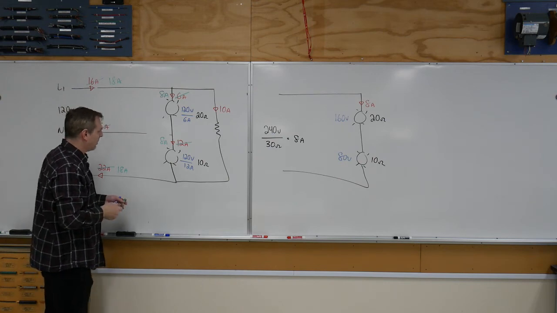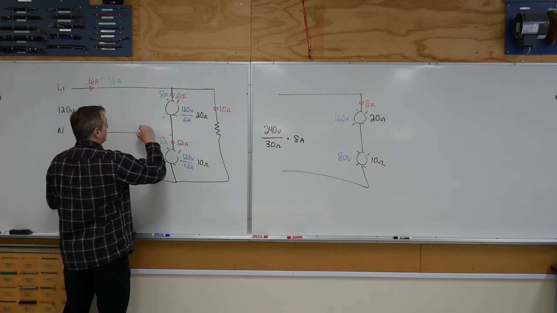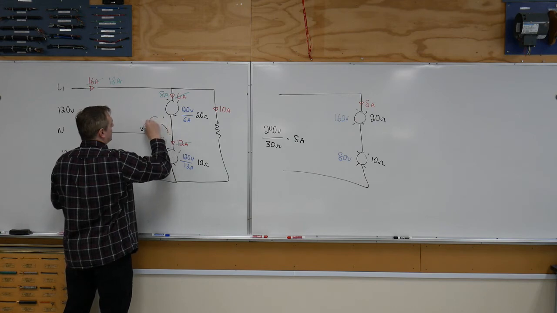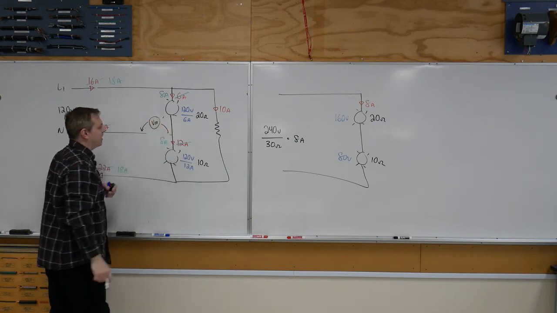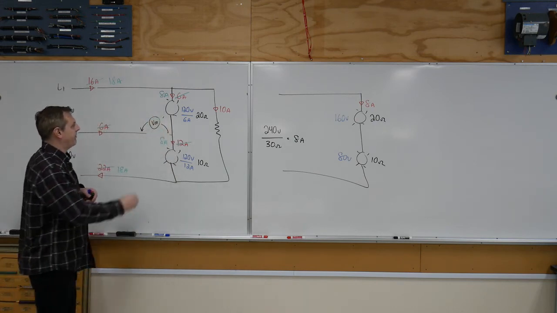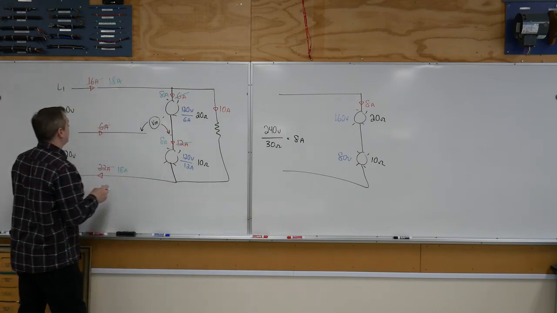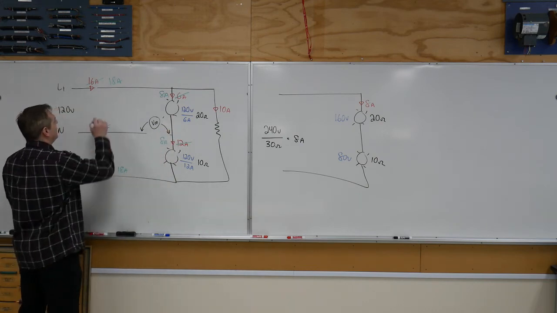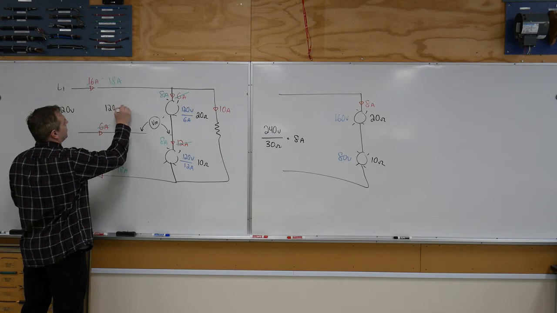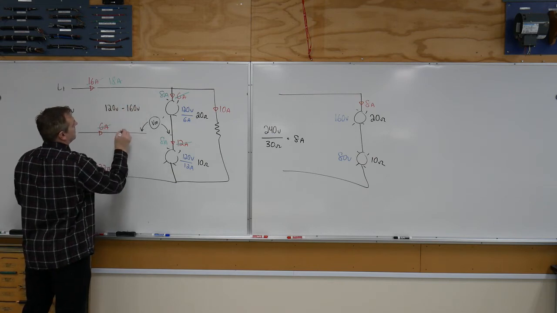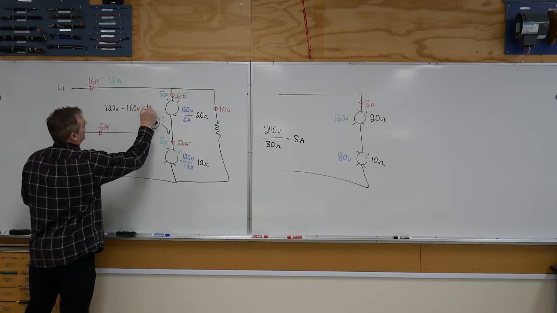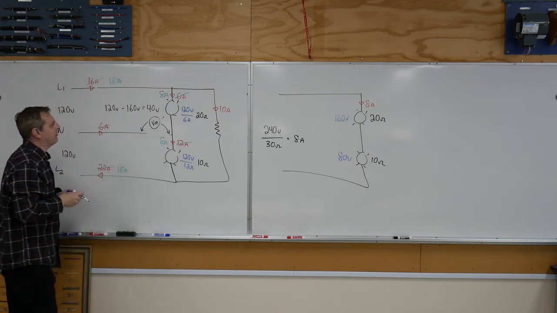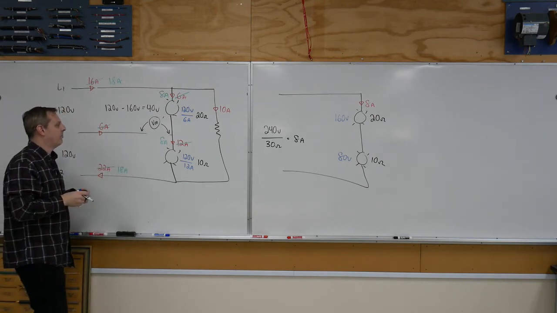And then ultimately we're always going to ask you, what is the voltage or the potential difference across that break? If you remember what I did in the previous lesson, we would go 120 volts minus 160 volts, or the other way around. That comes up with 40 volts. I know that's a negative, but it's a 40 volt potential.